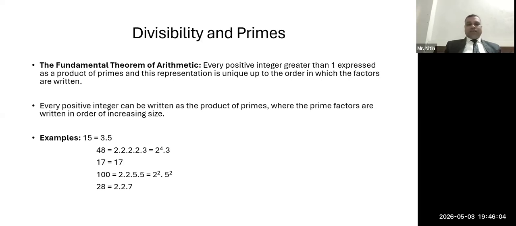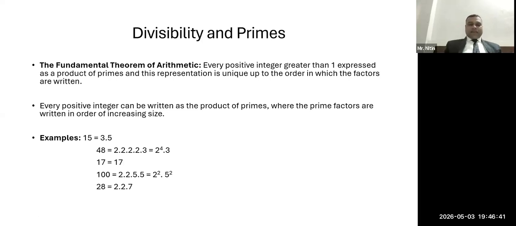Every positive integer can be written as the product of primes. So the positive integer 15 in our first example can be written as a product of the prime numbers 3 and 5, where the prime factors are written in order of increasing size. Whenever we write, we write in increasing order. So first 3 and then 5, because 5 is greater than 3.